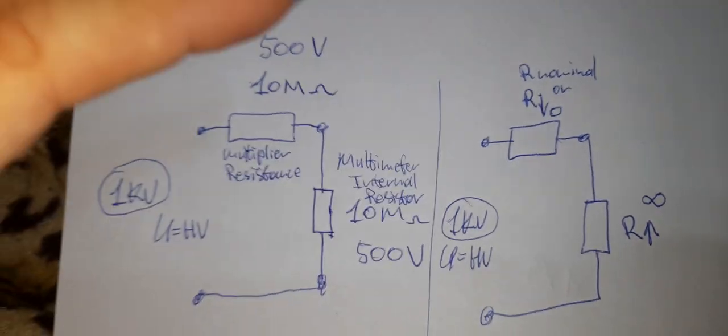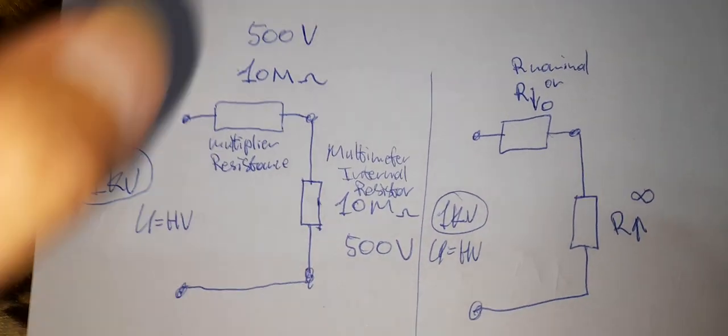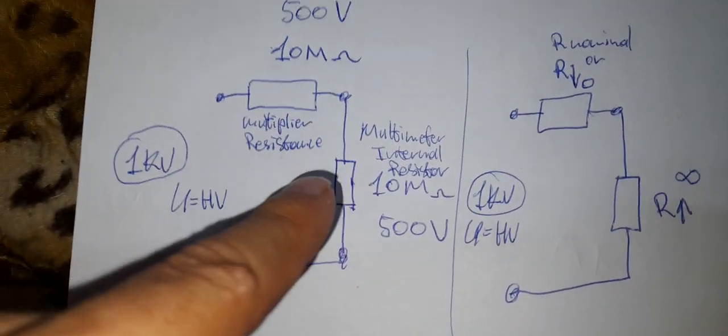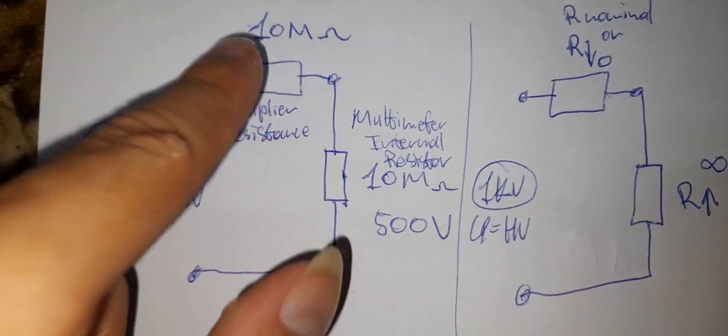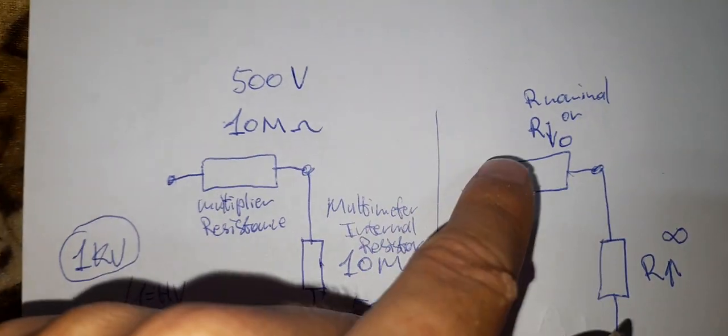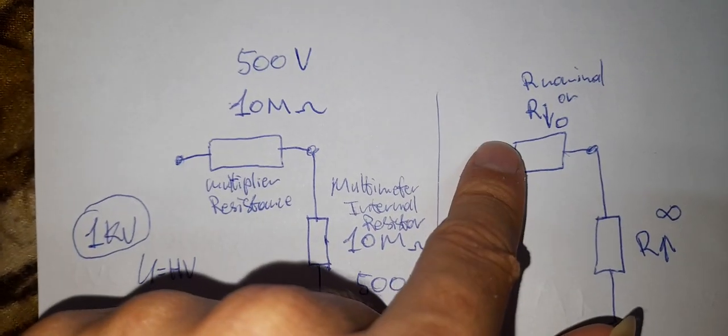and by that what I'm talking about is if this is 10 mega ohm, compared to this it should look like a low value resistor.